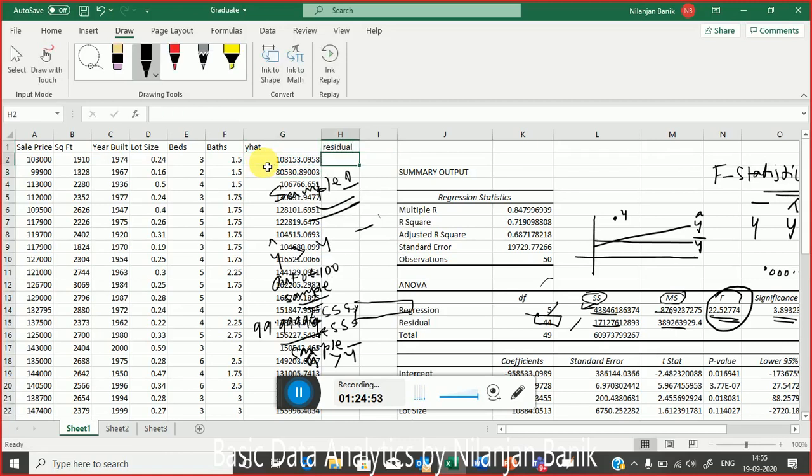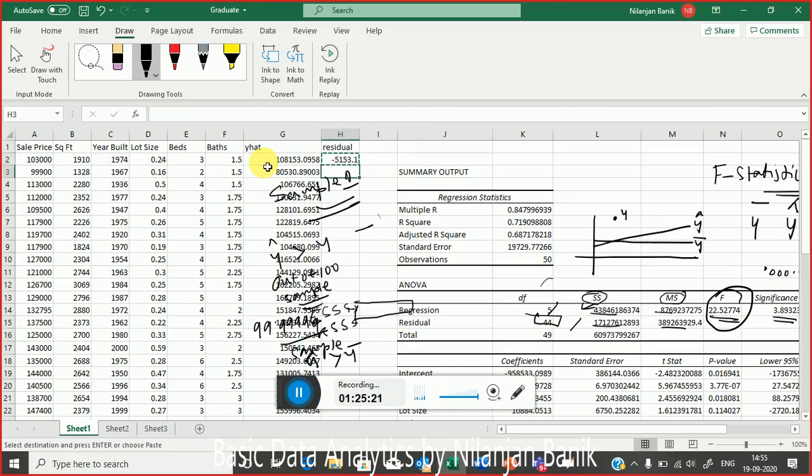Residual होगा difference. ठीक है. तो इसमें आपका जो प्राइस आपने प्रेडिक्ट किया है और एक्चुअल प्राइस में फर्क है सिर्फ 5,153 रुपीज, ठीक है. So likewise I can do this.